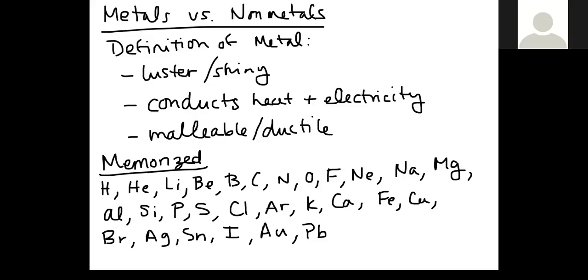These are the elements we will most commonly use in this class. Right. And once again, many of these you already know. So you should be able to identify the element from its symbol and vice versa.